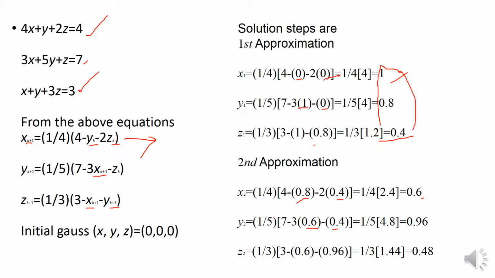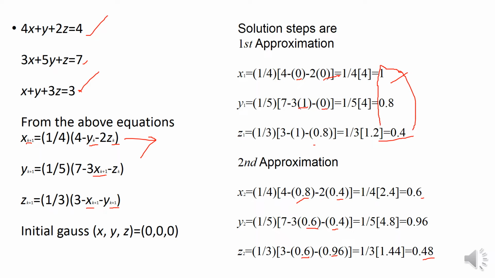z2 is 1 upon 3 (3 minus x2, we will be using x2 here because of xk plus 1, so 0.6, minus yk plus 1, that is y2, that is 0.96), so we get 0.48. One more iteration is required, but we have done two iterations just to see what happens.